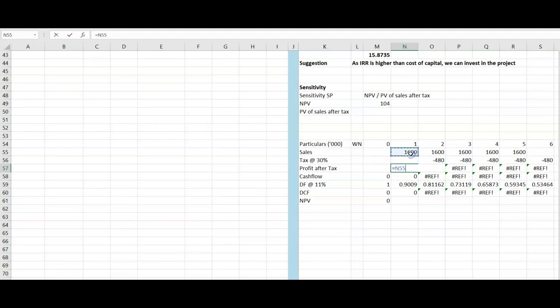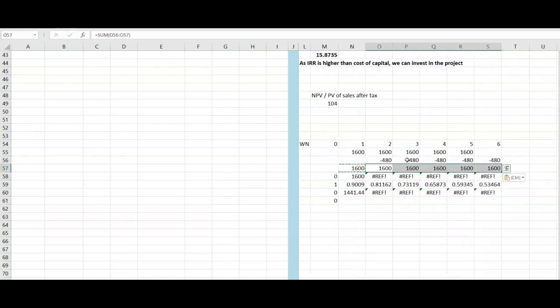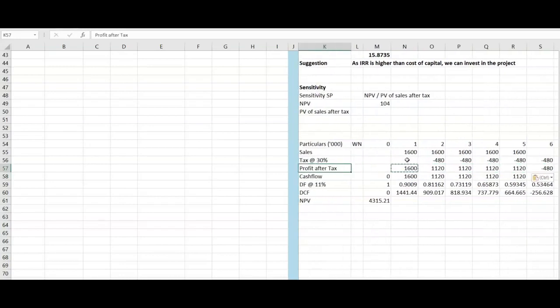So we'll just add both these numbers. We'll add this one and we'll add the tax. Okay, so we got it. And now we'll add the other 6 year numbers. We got them too. And we have the cash flow.